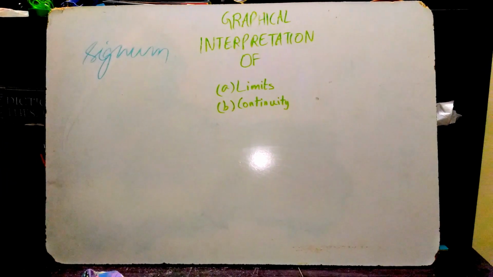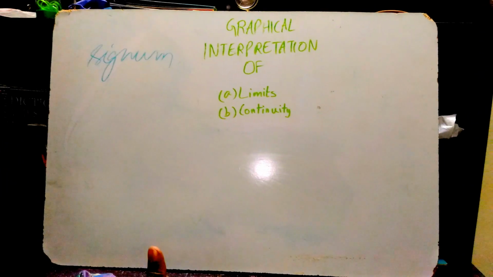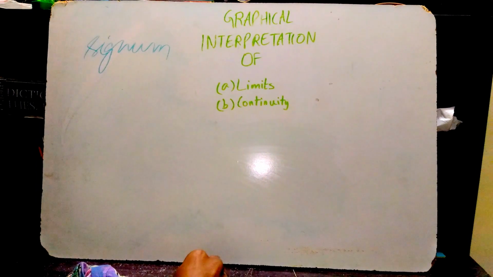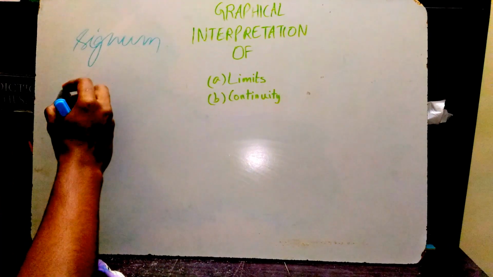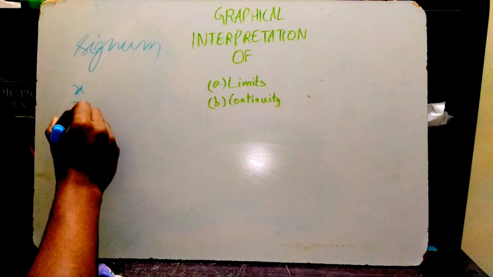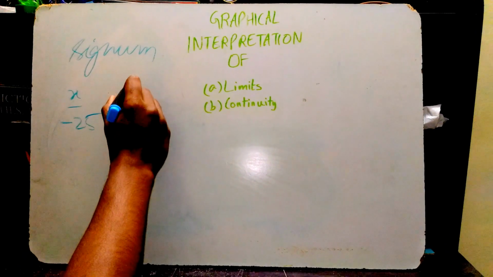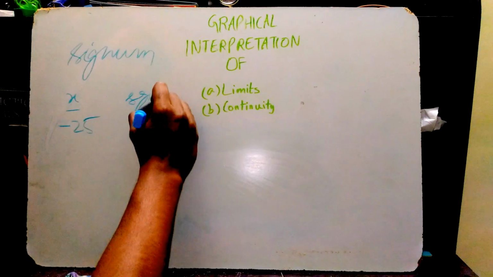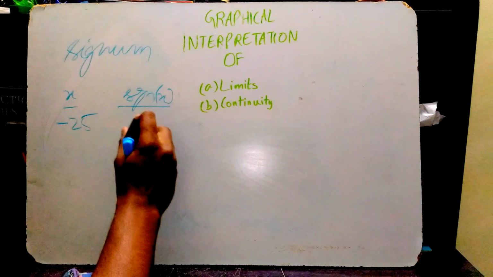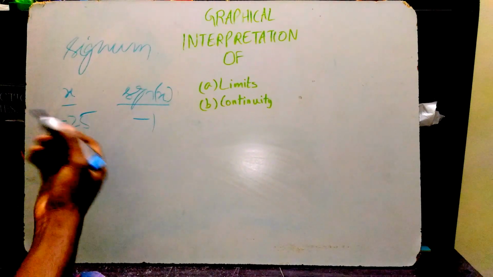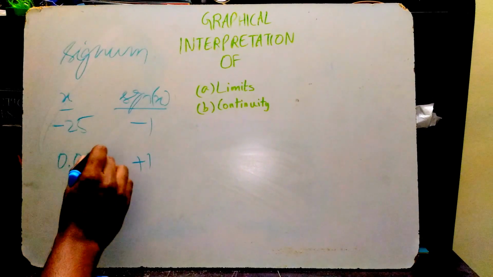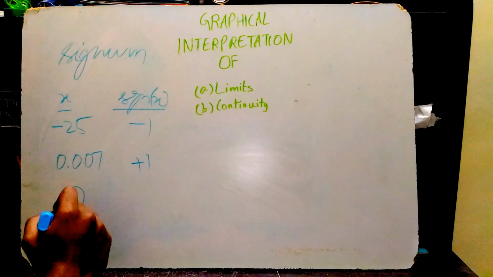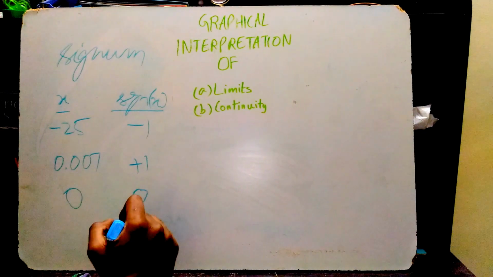The signum function indicates the sign of real numbers. For example, if you take x as minus 25, you'll get the signum function of x as minus 1. For positive numbers, it is plus 1, maybe 0.0007. For x equal to 0, the signum value is 0.